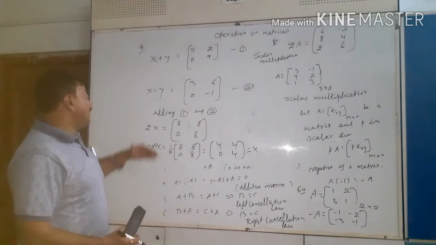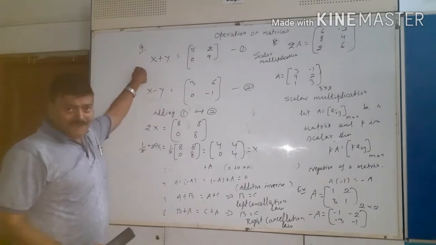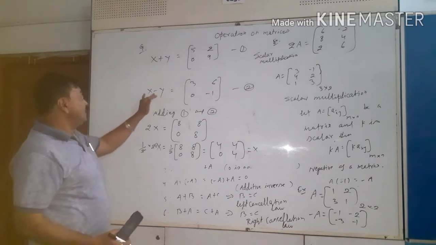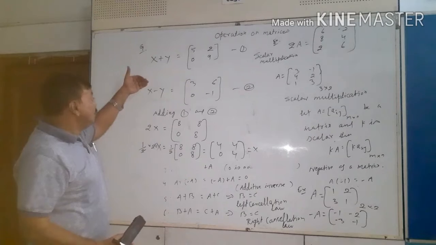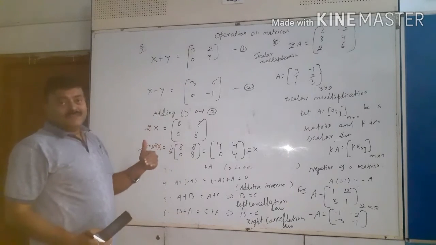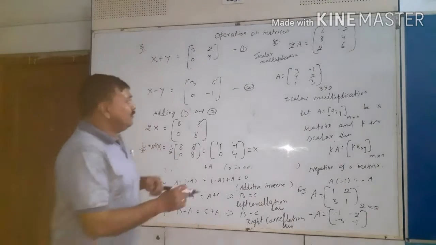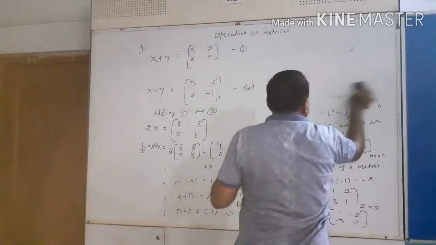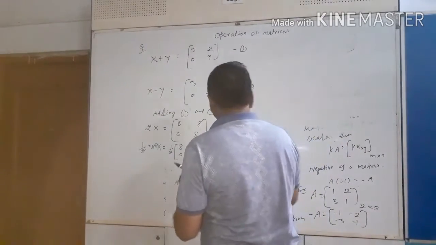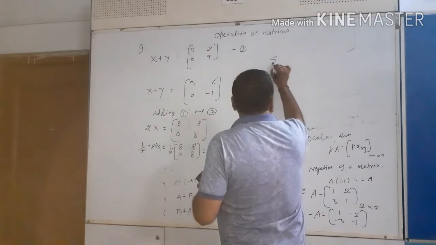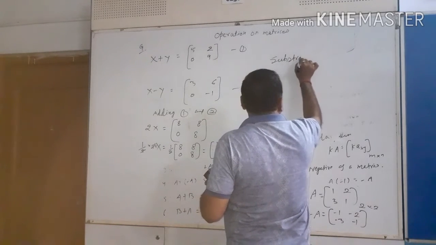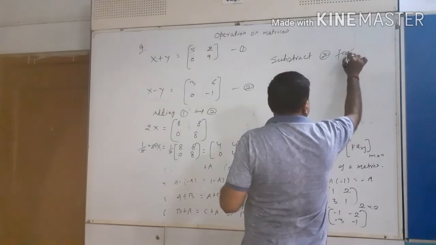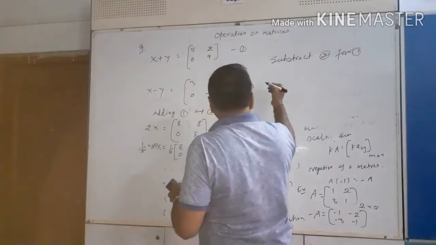Now we have to find y. For that, are you observing here x plus y, x minus y? If we subtract 2 from 1, then we will get y. So we subtract equation 2 from 1.